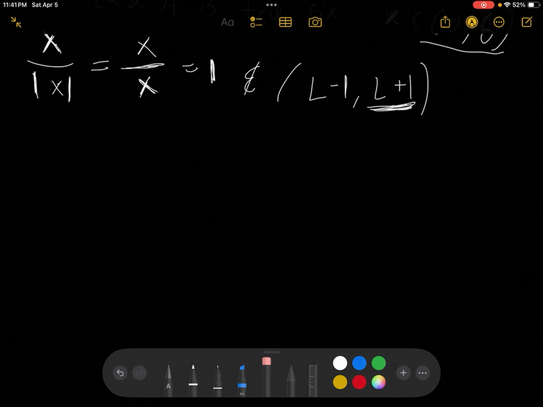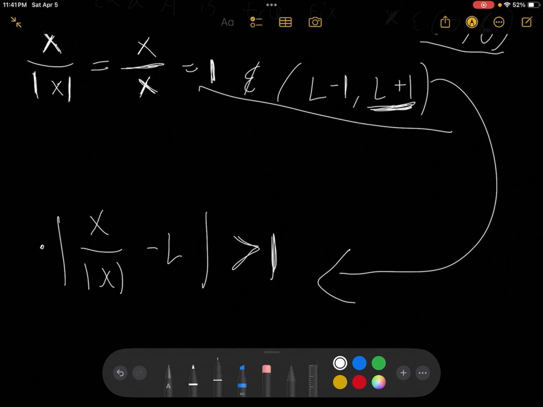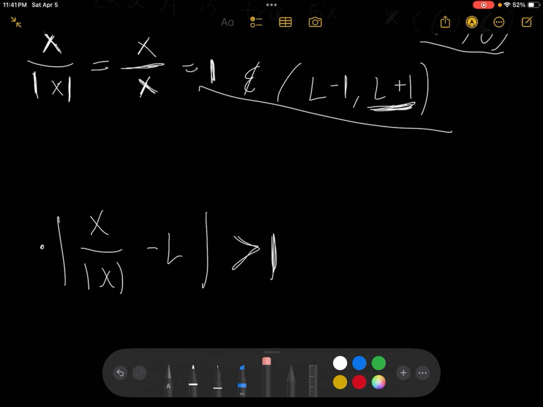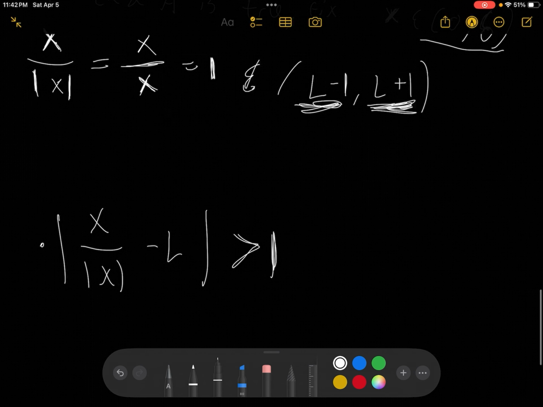And then remember, the ultimate inequality that we want is that the absolute value of x divided by absolute value of x minus L is greater than 1. And the way we can get from here to here is by, again, breaking this into cases. So notice that saying 1 is not an element of this interval means either one of two things. Either 1 is greater than L plus 1, or 1 is less than L minus 1.